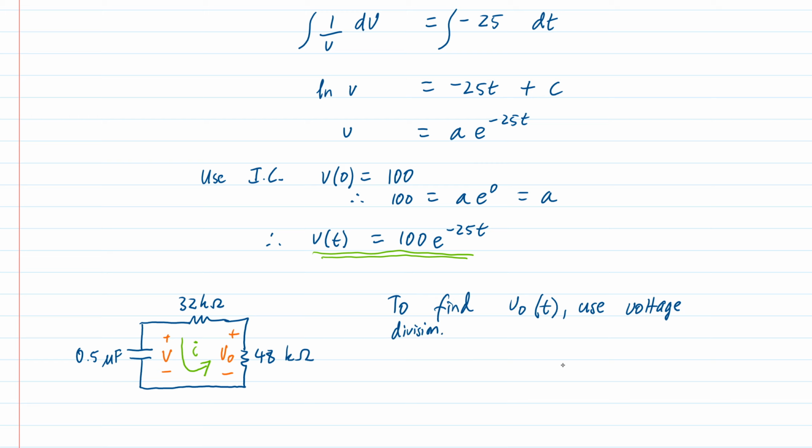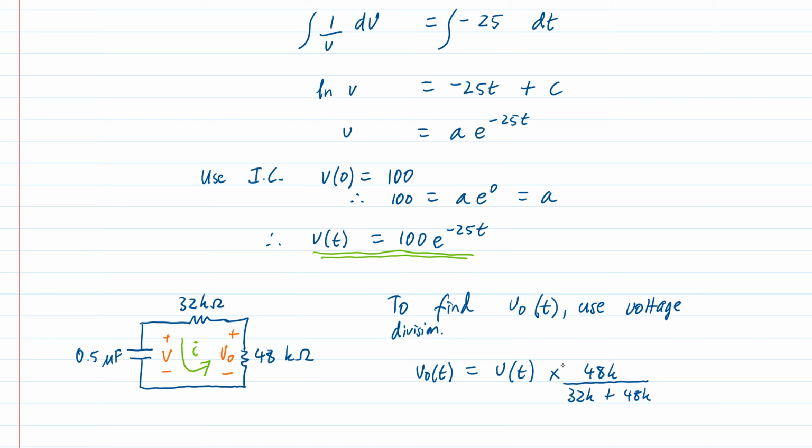So V0 of t will be V of t multiplied by 48k divided by 32k plus 48k. So we can simplify these numbers.